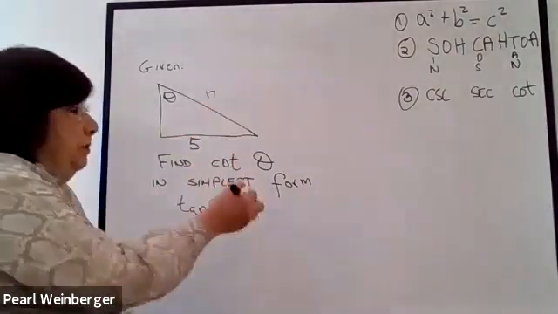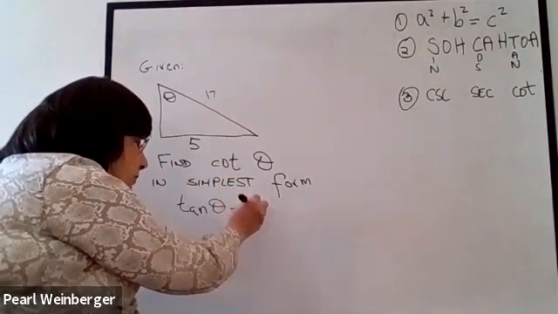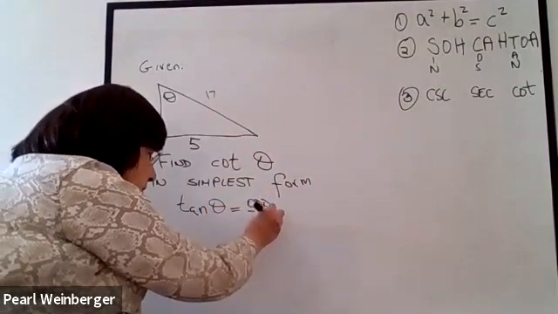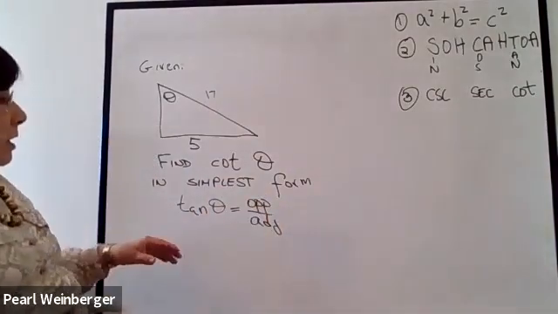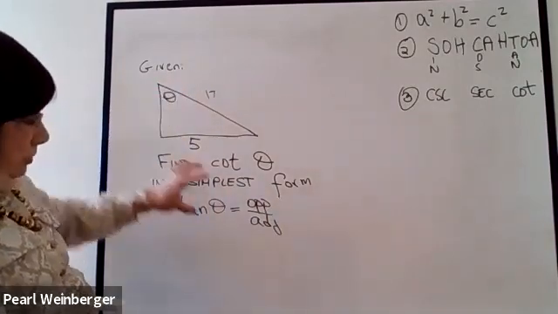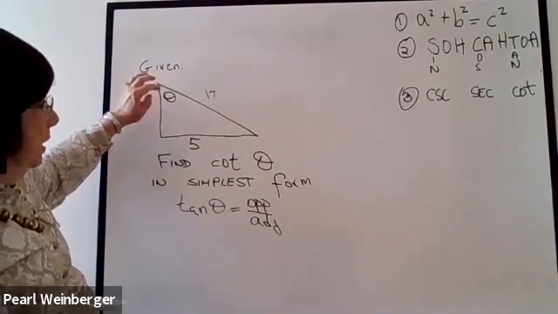And I know from SOHCAHTOA that the tangent is the opposite over the adjacent legs in the triangle. So now that we have a picture of what we want, let's go to our triangle and see what we have.